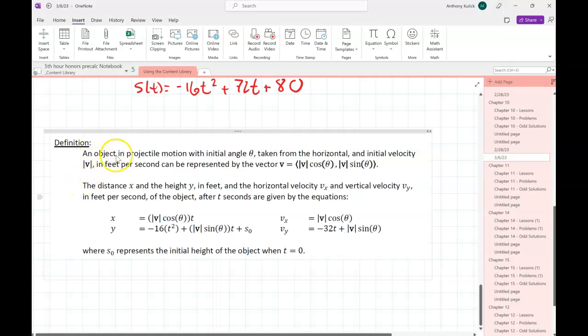So an object in projectile motion, that's where it's shot not just straight up and down, but also left and right a little bit, with an initial angle theta taken from the horizontal. What does that mean?